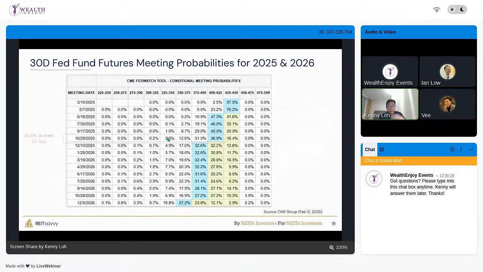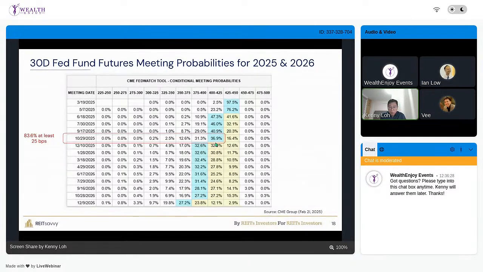If you look at the CME Group Fed futures meeting probability itself, at the present moment we are in this band, 4.25 to 4.5 range. We don't expect any rate cut for the first half of the year. There will be only an 83.6% probability of a 25 basis point cut by the end of the year.